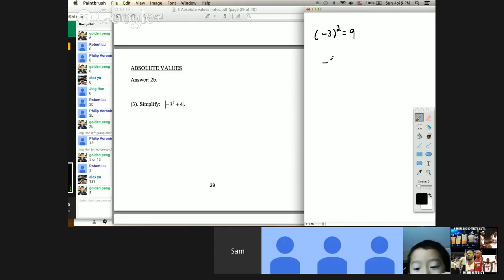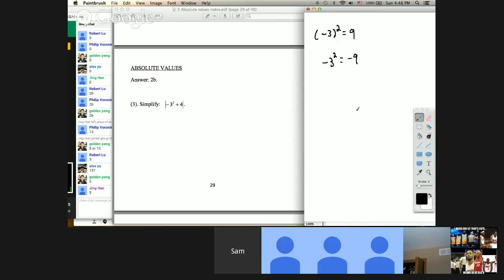But there's no parentheses here, so negative 3 squared equals negative 9. So it's just the absolute value of negative 9 plus 4, which equals the absolute value of negative 5, and that equals 5.